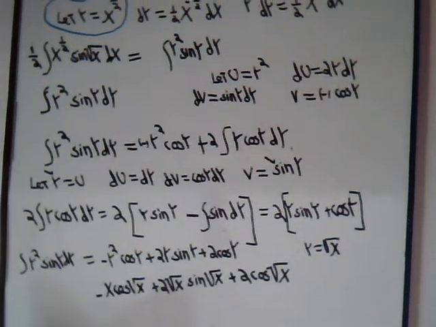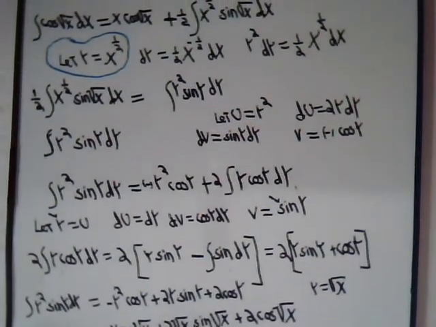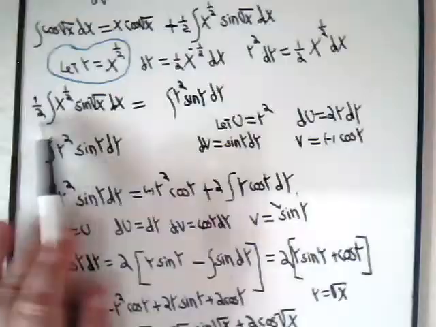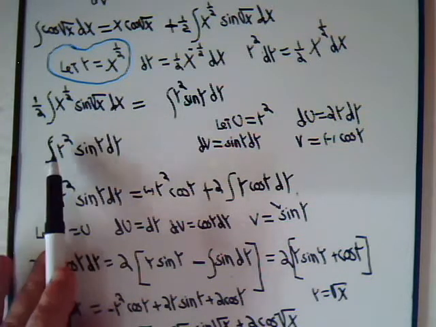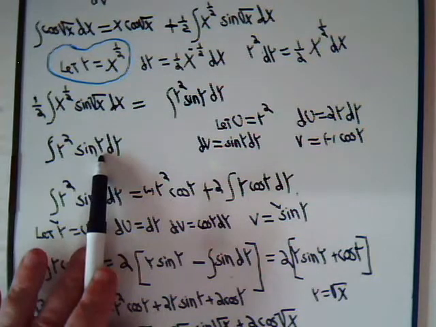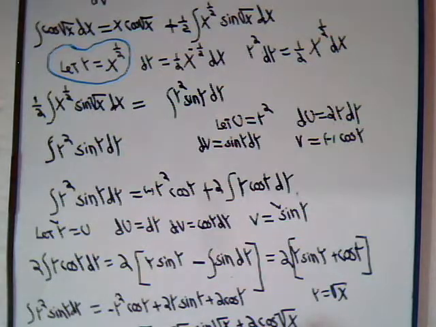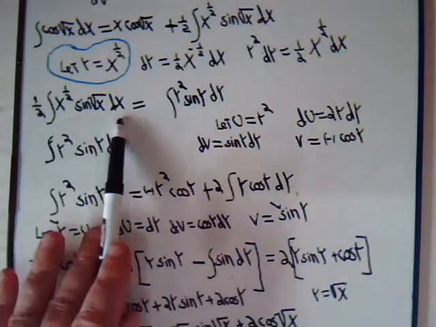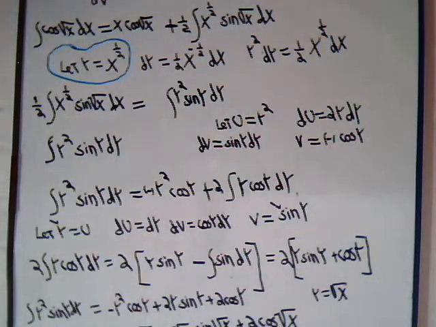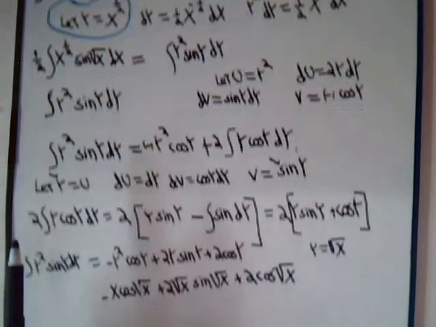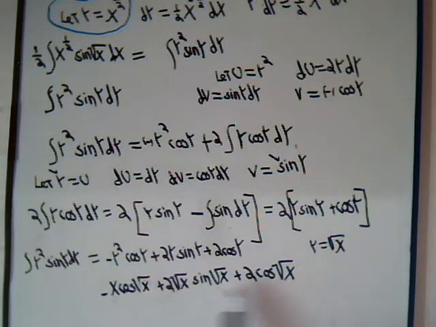Now, backtrack some more. Remember what we had. This integral here, we made our substitution as this integral. We solved that. We put our substitution in, we have this. So what we can say is this integral right here is this.